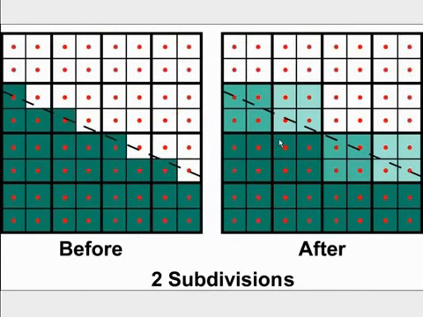These 2 images represent the before and after effect of using a subdivision value of 2. When using a subdivision value of 2, each pixel is subdivided into 2 subpixels horizontally and vertically, and a sample is taken at the center of each subpixel. Because of the greater subdivisions, you can better approximate the true location of the box's edge.